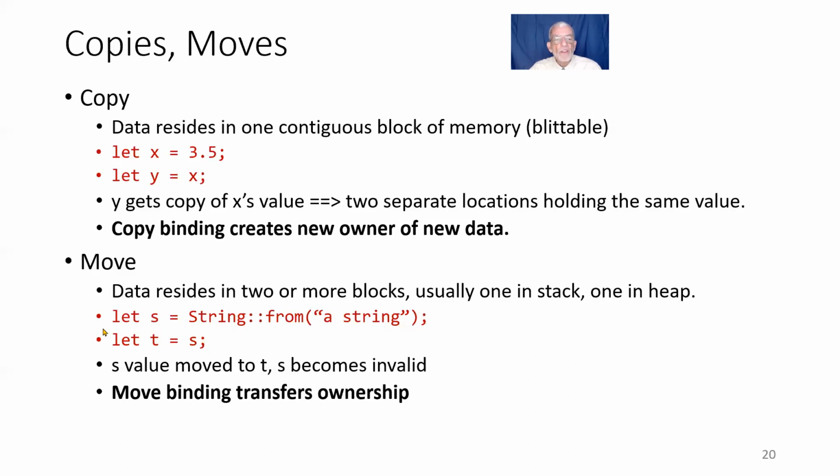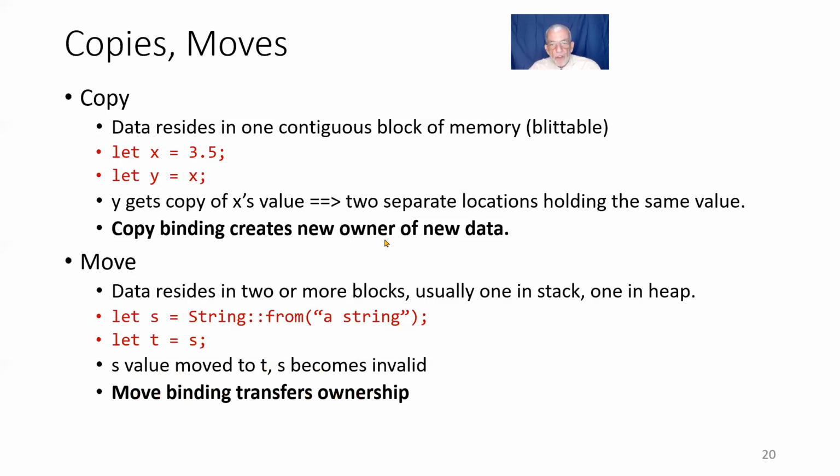This statement has transferred ownership of the string array on the heap from s to t and invalidated s, because s no longer binds to that memory on the heap. So s's value moves to t, s becomes invalid. Move binding transfers ownership.